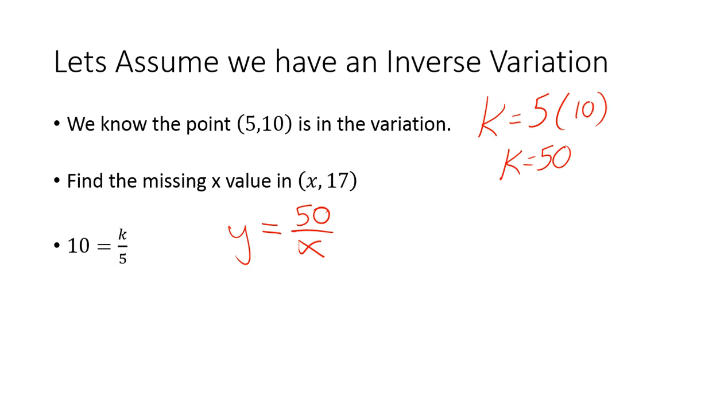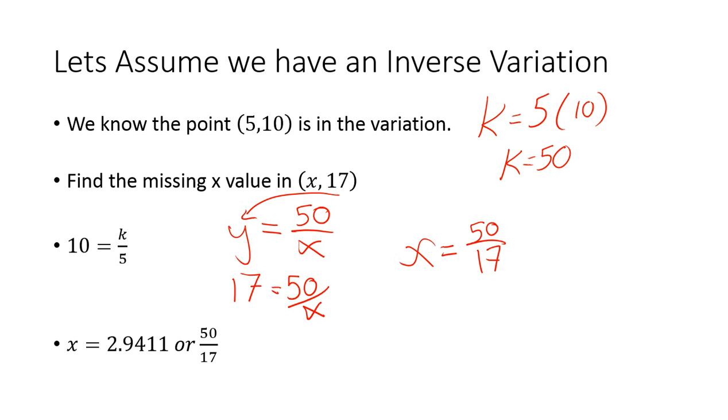Now we plug in the 17. So we end up with 17 is equal to 50 over x. And then you're just solving. It ends up getting you x is equal to 50 over 17, just using some basic algebra skills to get that x by itself. And we get 50 over 17, which is 2.9411.